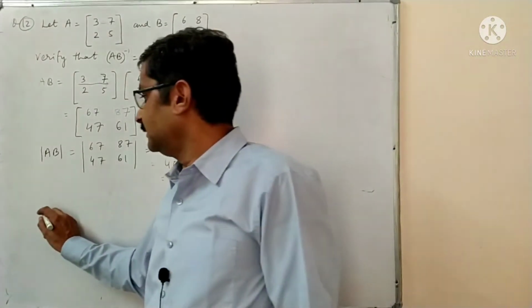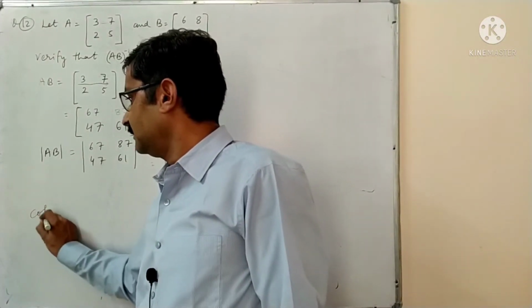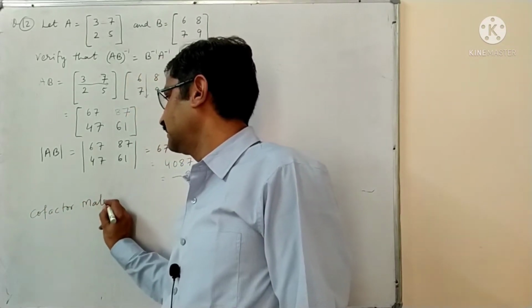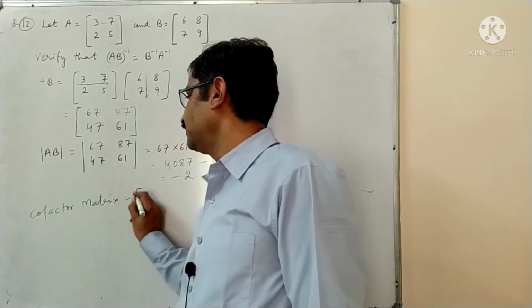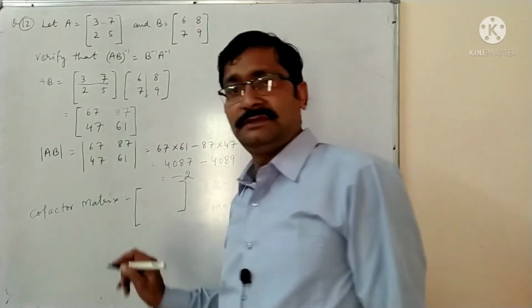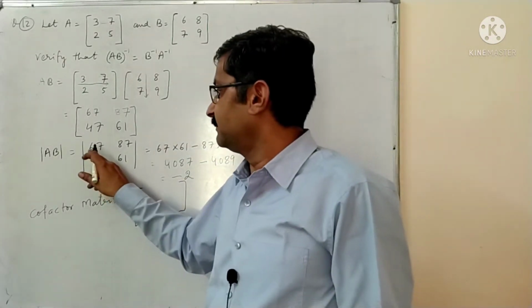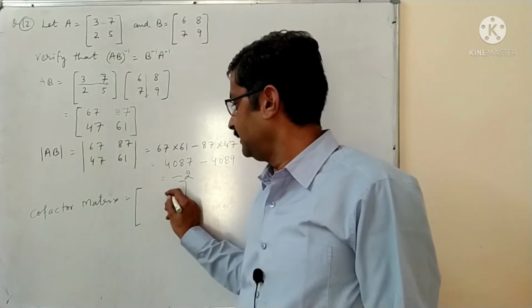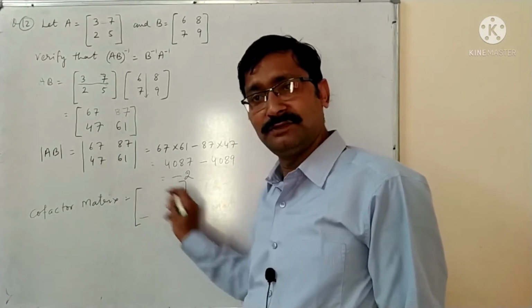Now you have to find the cofactor. So I write the cofactor matrix directly, because this is 2 by 2, so you can write it directly. The cofactor matrix means the first element will be positive, here negative, here negative, and this positive.